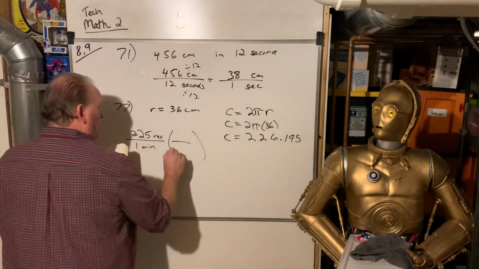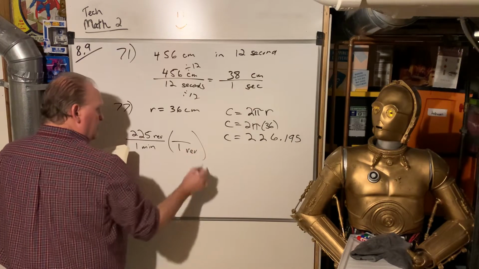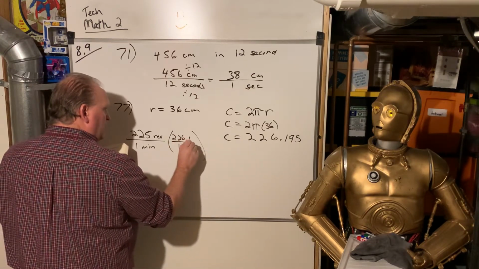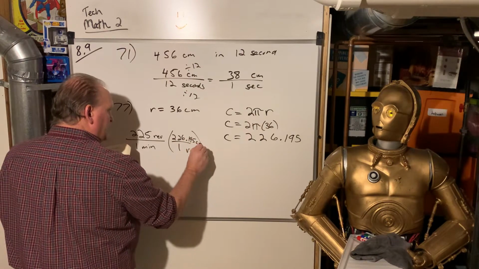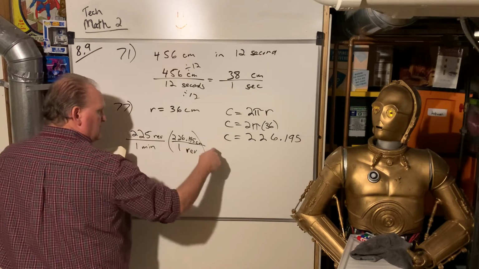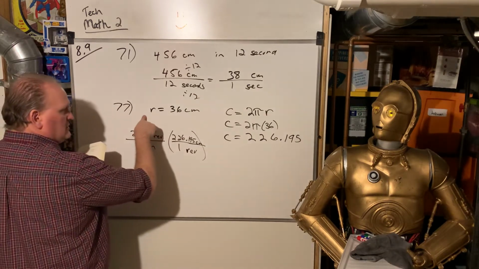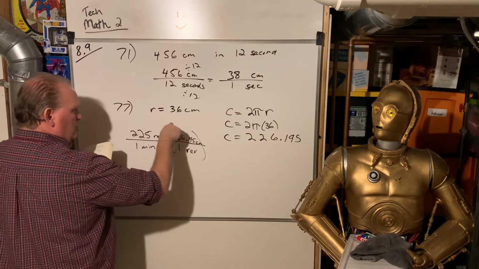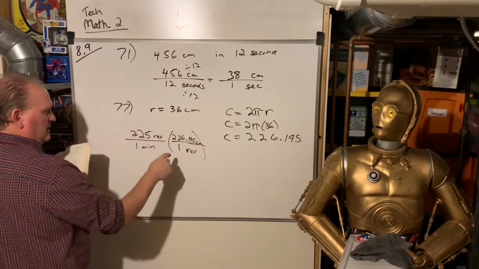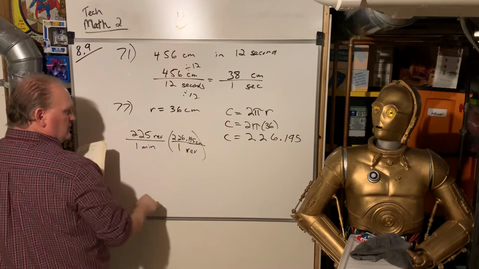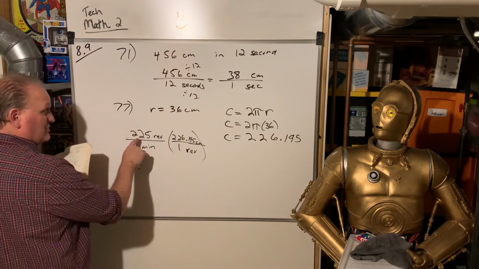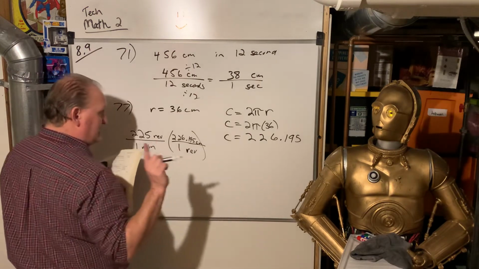Well, we know 1 revolution will cover 226.195 centimeters, right? Because that's its circumference. So if the circumference of the circle is 226, then 1 revolution, a full rotation of the wheel, will cover 226 centimeters on the ground. But then there's 225 of those in a single minute.